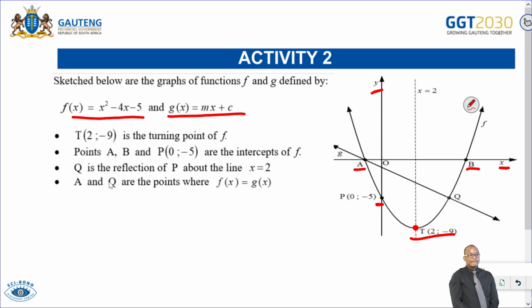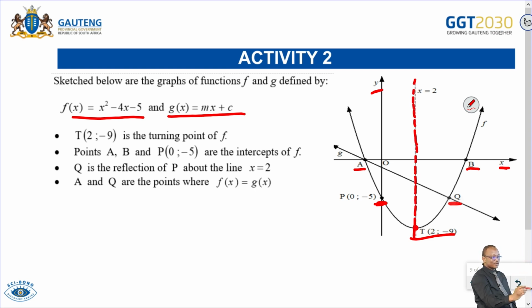So now, Q is the reflection of P about the line x is equal to 2. So they're saying Q is the reflection of P along the line x is equal to 2.